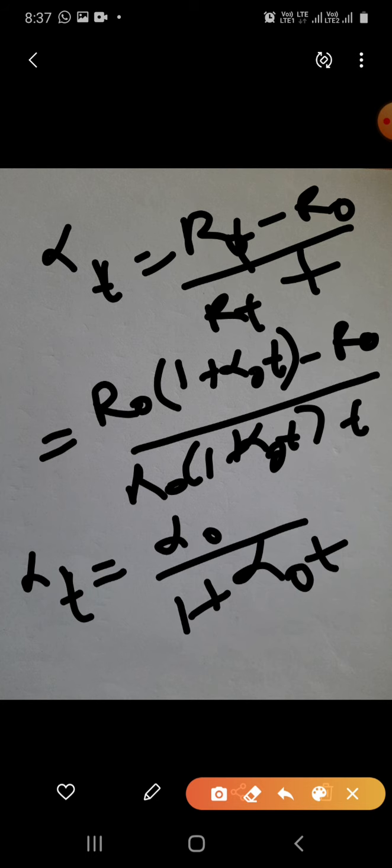Then I can write the general equation. I am considering here alpha 1 as the temperature coefficient at T1 degree centigrade. Similarly, alpha 2 as the temperature coefficient at T2 degree centigrade.